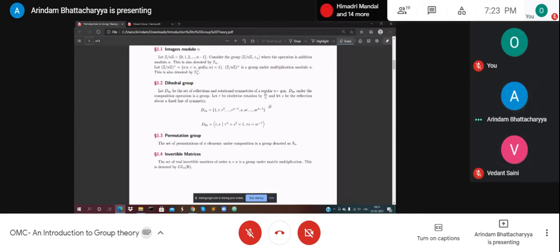Okay, so let me show that none of these two are equal. Suppose you have r equal to sr squared. You can actually cancel out the r's and get one equal to sr. But these are functions, how can we cancel?